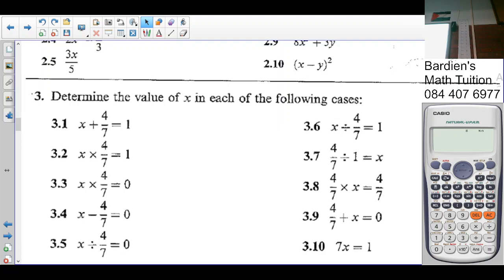Is that too much? Okay, so exercise 4 you just do the first column. The first column. So which means to say it's all the odd numbers of the exercise, from number 1 to 20. Okay.